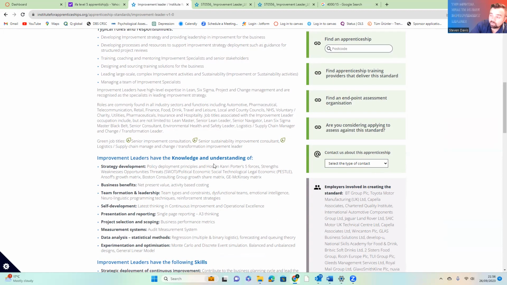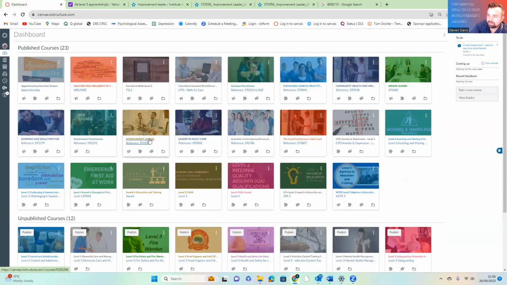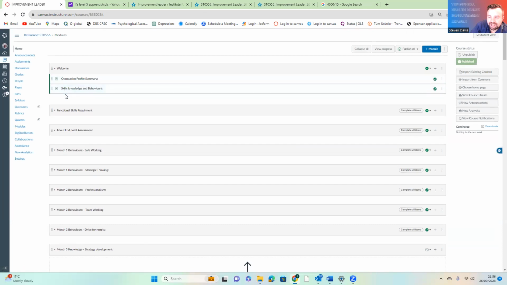We'll be looking at all of these different tools and systems as part of that. And then what will happen in your portfolio. So if we go back here under Improvement Leader, up here, you will then have access to all the PowerPoints, and then you'll have access to all of the recordings as well. So as this builds, it all just builds in there.